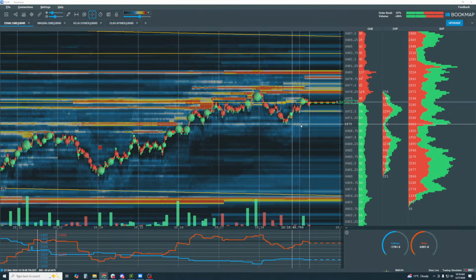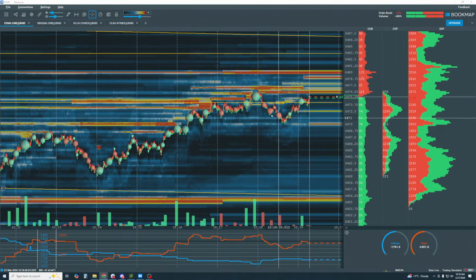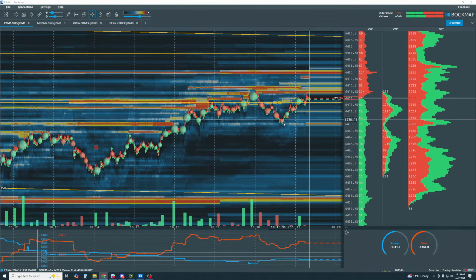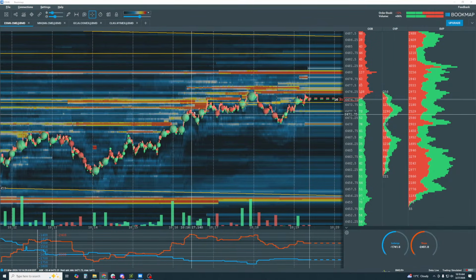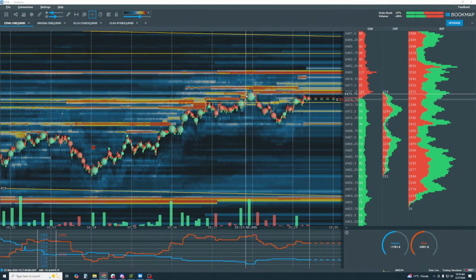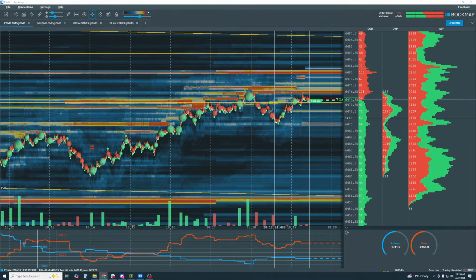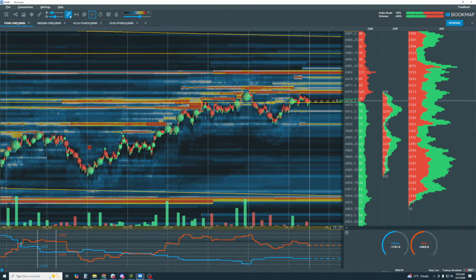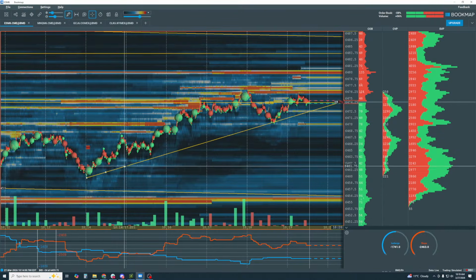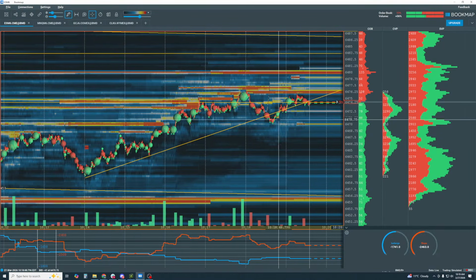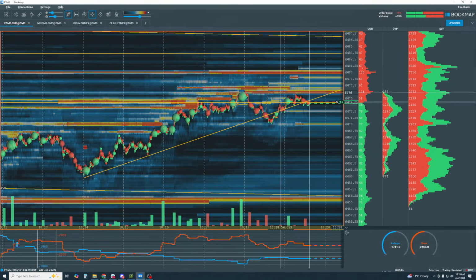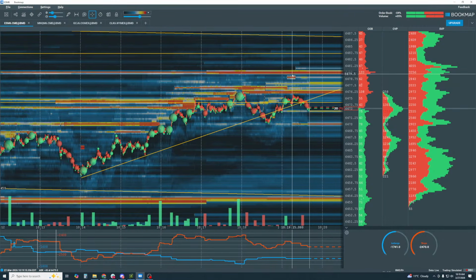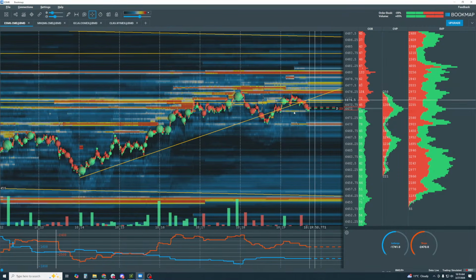Into a low volume node, which is exactly this. In fact, I don't really like it that much because there's a lot of liquidity that got transacted up in here. So we do see a break of some structure here. I would pass on that one, and not be looking for the continuation trade yet.